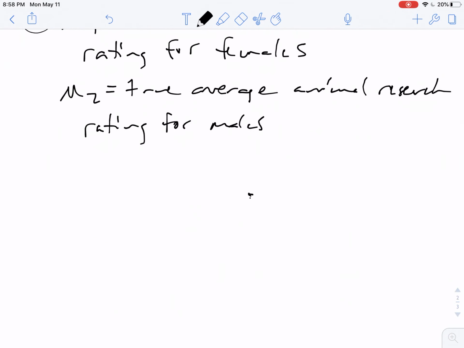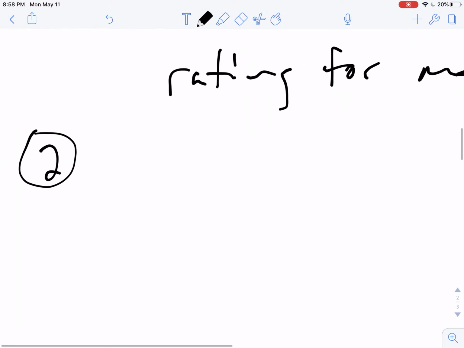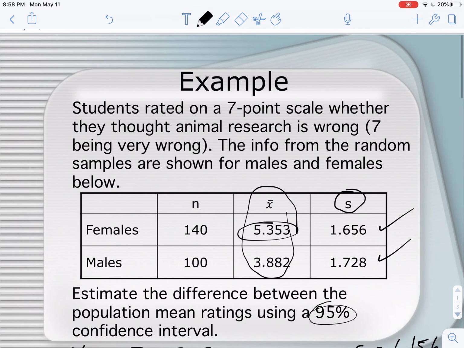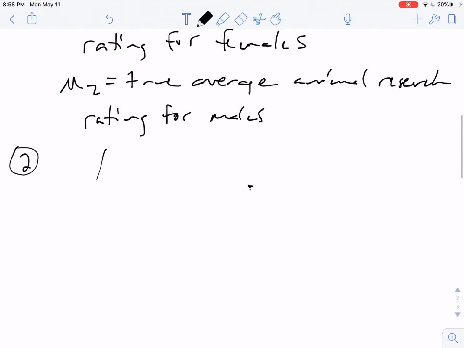Step 2 is my conditions. So again, we always want random samples. So in this problem, we were told that the samples were random. Okay, so let's note that. Random samples, check.